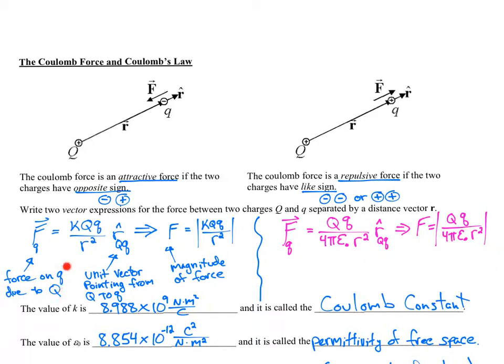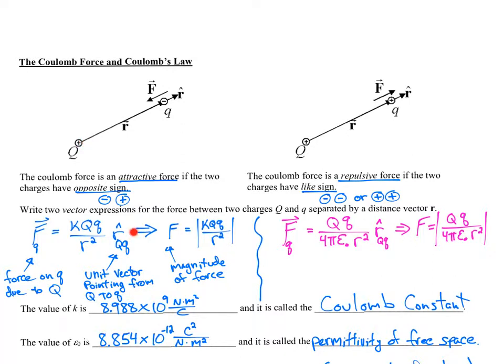And that force is equal to K times Q, which is the big charge, not just the magnitude, it would include the sign as well, times little q, which is the value of the small charge, including the sign. So if these are negatives, you gotta plug in a negative there. On the bottom, we have r squared, which is the distance between them.